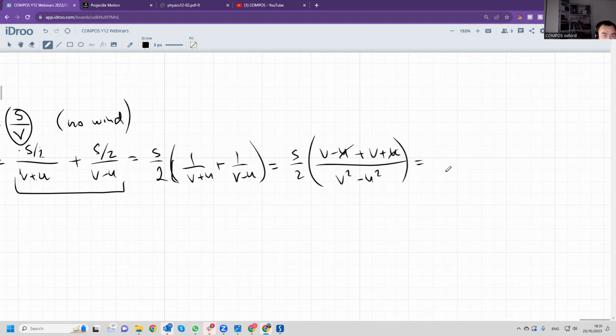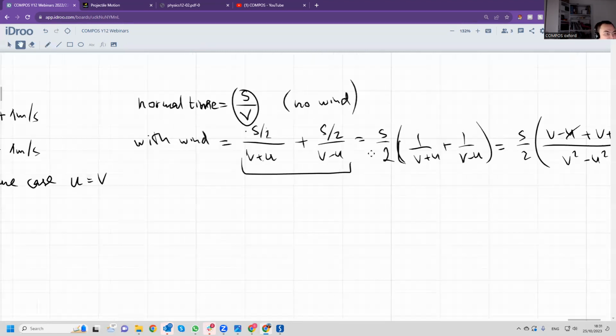U cancels, and that's going to be S multiplied by 2V divided by 2 times V squared minus U squared. And so it's S multiplied by V divided by V squared minus U squared. Does that help?